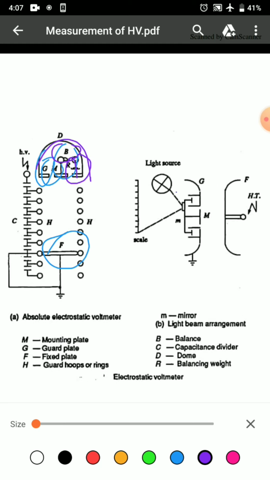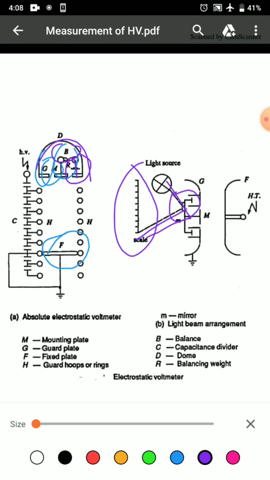The balance beam carries a mirror which reflects a beam of light. The movement of the disc is thereby magnified on the scale.